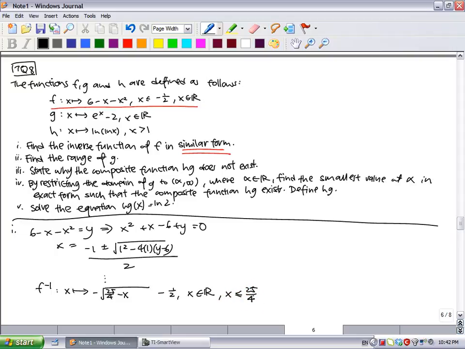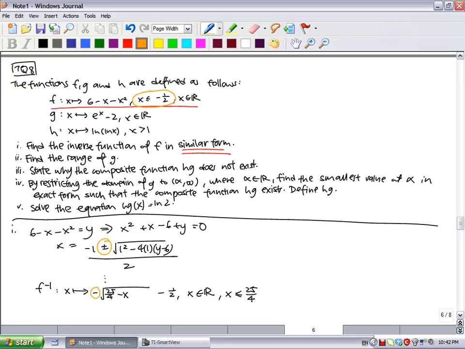Now the key point here is why did I choose the negative one? Well, you see that in the original working it was plus or minus. Remember that in my original function f, I needed x to be less than or equal to negative half.